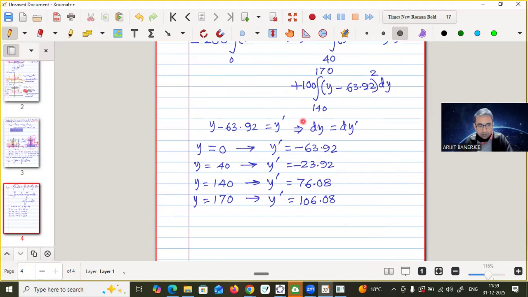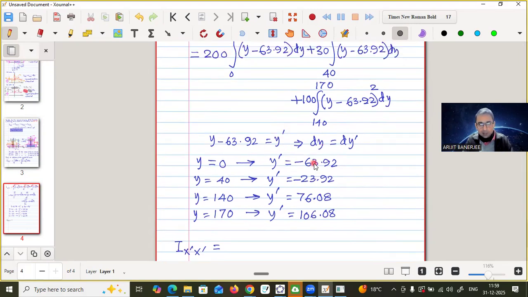So therefore you can write Ix prime is equal to, you will just change the range.